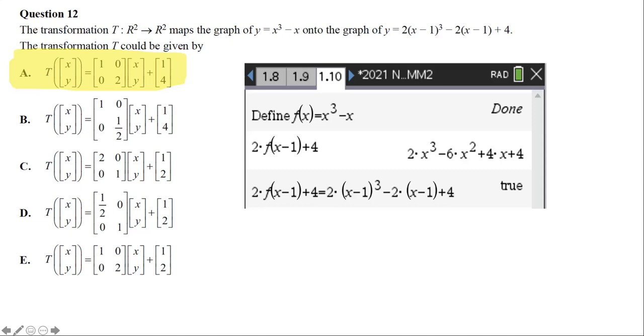And finally, you notice the plus 4, the constant for the image function, which means it's translated upwards by 4 units. So the corresponding matrix equation should be option A. You can also use your CAS calculator to verify your observations.